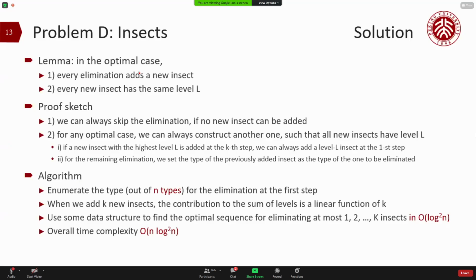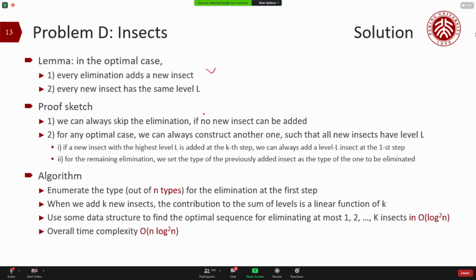Otherwise, because the problem asks us to compute the maximum sum of levels when we do at most k eliminations, we can just ignore the elimination if it does not add a new insect. This is the first property. The second is that in the optimal case, every new insect has the same level L.